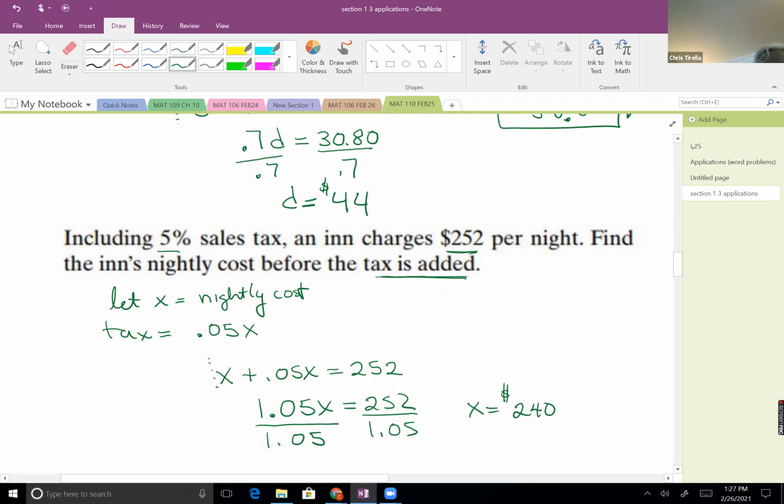When I take that 240 and multiply it by the 5%, my tax is $12. And so it does add to the $252 and it checks. Any questions on that one?